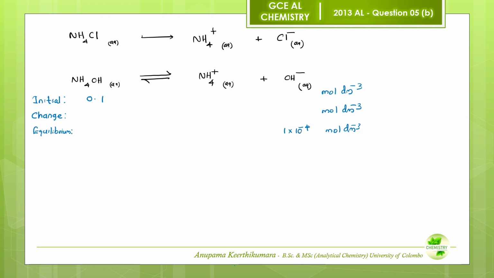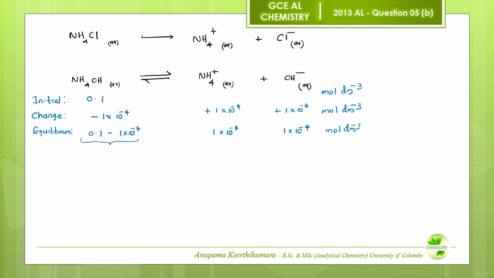Therefore, the produced amount of ammonium ions is also 1 times 10 to the negative 4 moles per cubic decimeter. Then at equilibrium, the concentration of ammonium hydroxide is 0.1 minus 1 times 10 to the negative 4 moles per cubic decimeter.